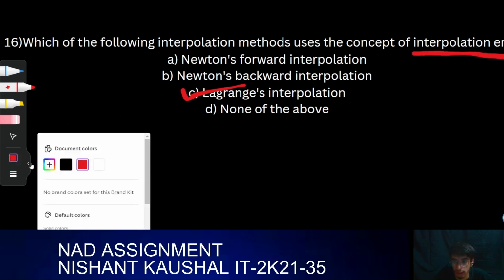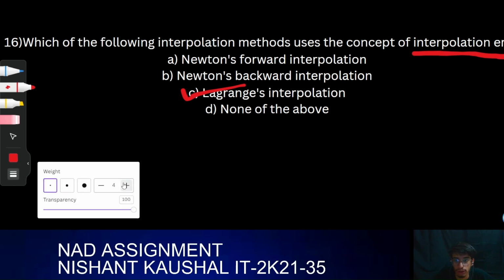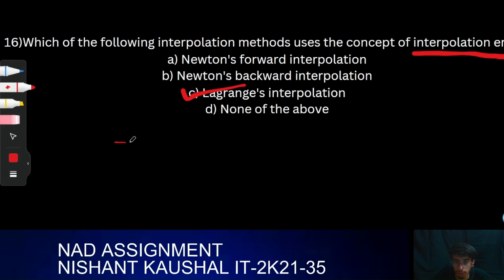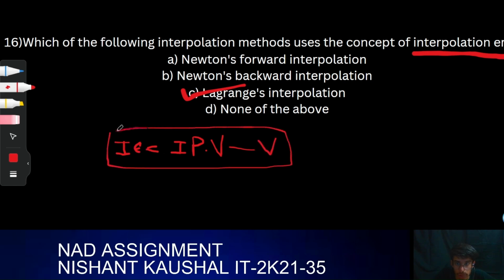First we will understand that interpolation error is a difference between the interpolated value, the value which we have found through interpolation, and the actual value, right?